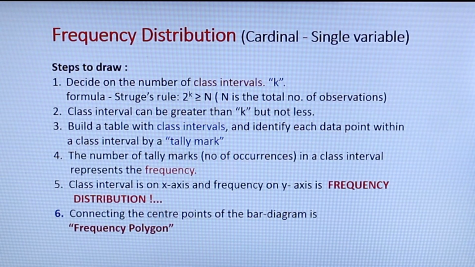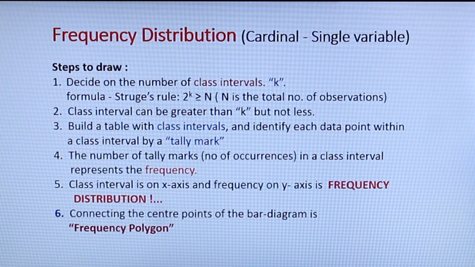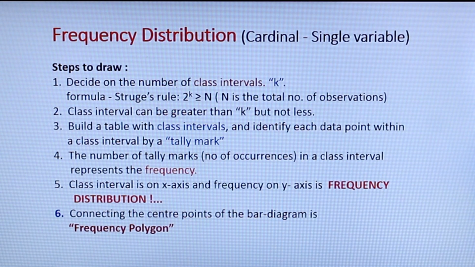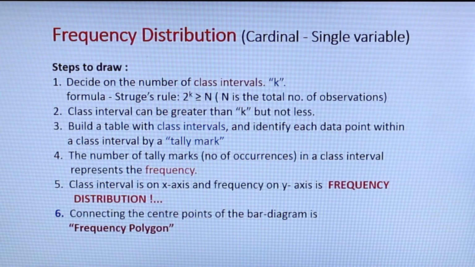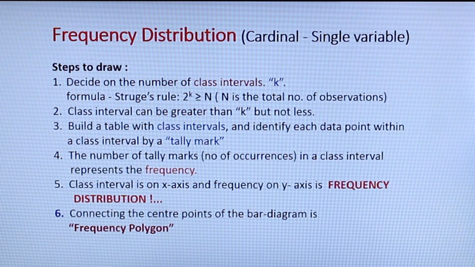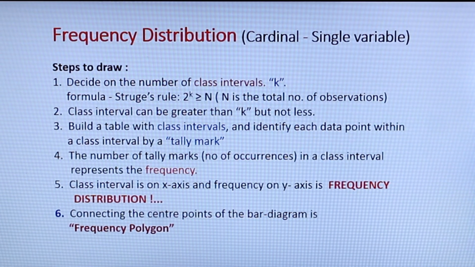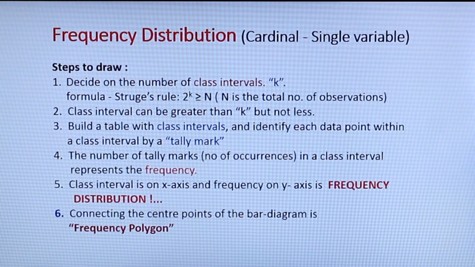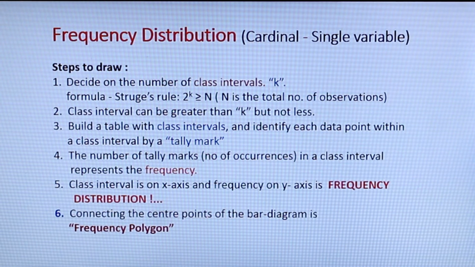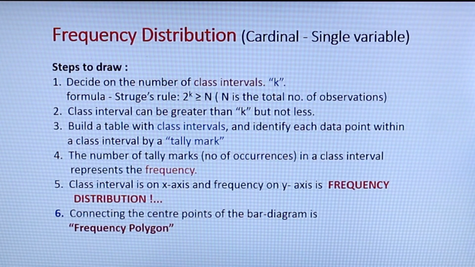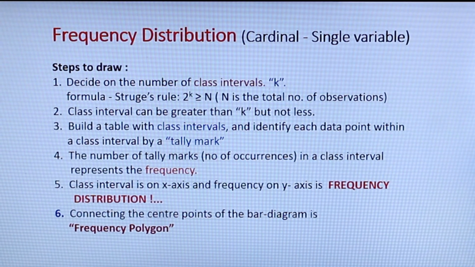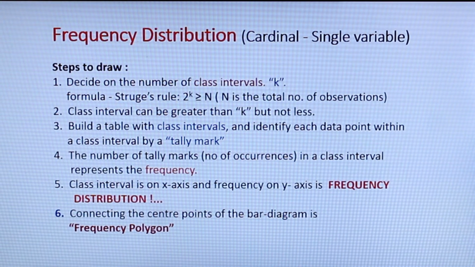Now let us consider frequency distribution for cardinal data. For cardinal data, you need to arrive at class intervals because it will be a single variable. So we need a slightly different method. It is not just by counting. We need to identify the number of data points falling within a class interval. Let us see what a class interval is when you take the example.